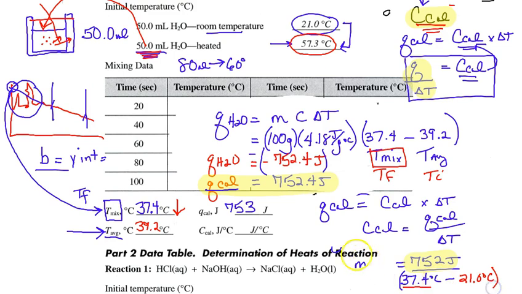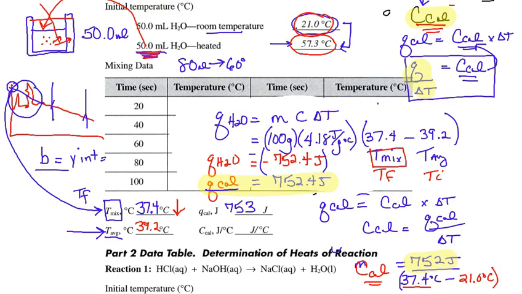So to get my C of cal, my heat capacity, this is what we're doing. Don't forget, this whole process is we're calibrating our calorimeter. We're doing T mix, which is our final temperature always, minus the initial temperature. In this case, the initial temperature is of the cold water. So we're going to do that.